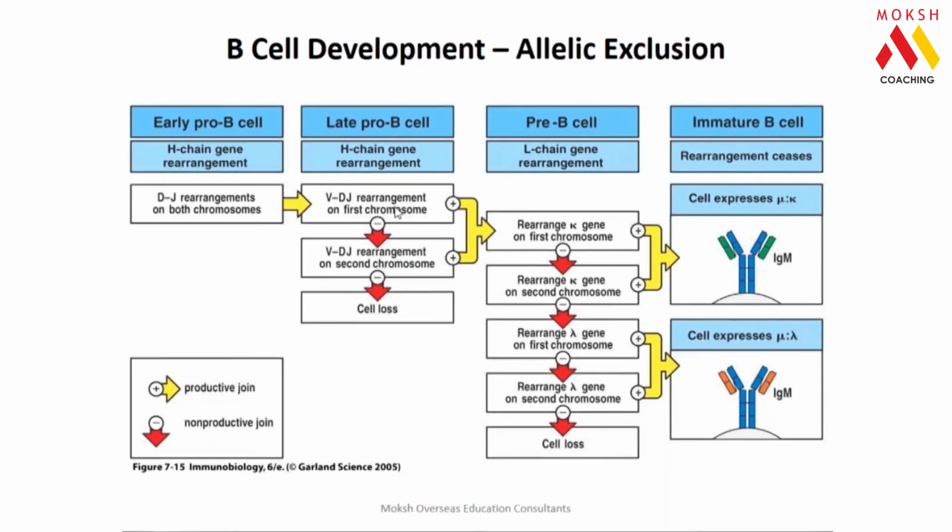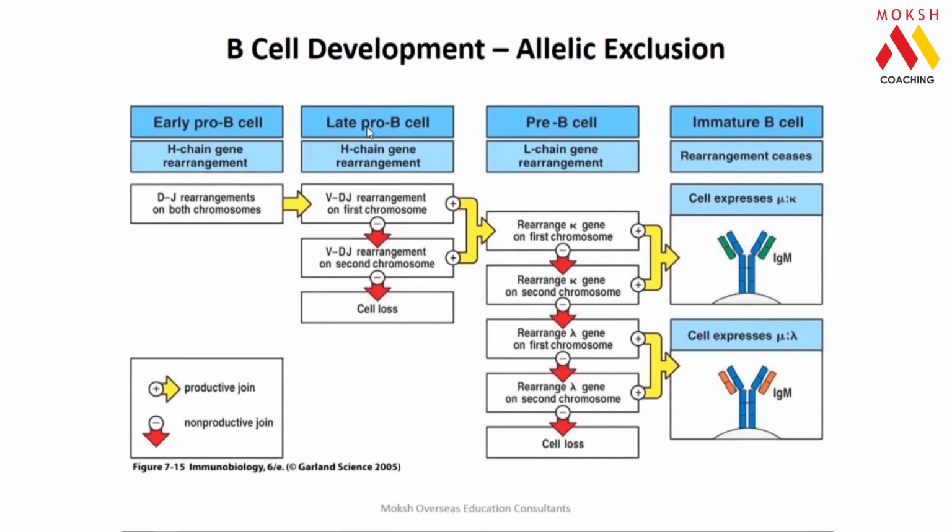If this process is successful, we go on to make the light chain. If this process is not successful, we try the chromosome 14 from the other parent, right? And if this is successful, we go and we try to make the B cell light chain. If this is not successful here, then we apoptose the cell.